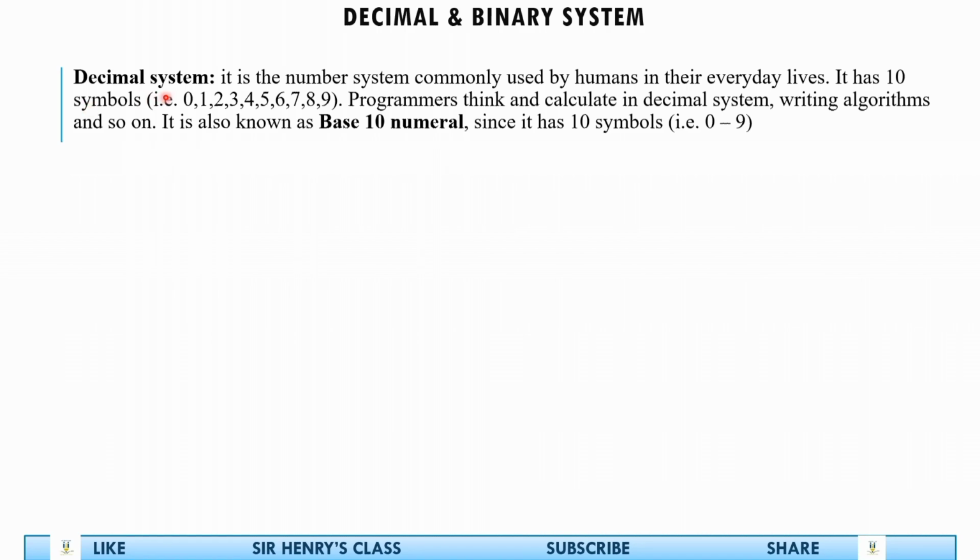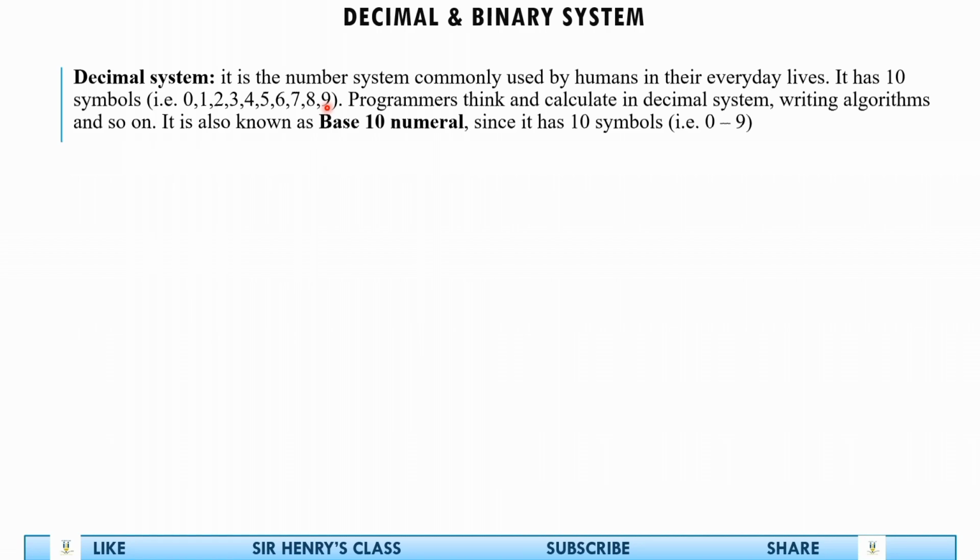So when we talk about decimal system, it's also called base 10, meaning it has 10 symbols. 10 symbols means it begins with 0 and ends with 9. The first symbol is 0, second symbol is 1, 2, 3, and ends on 9. So you can see the symbol 10 is not included.